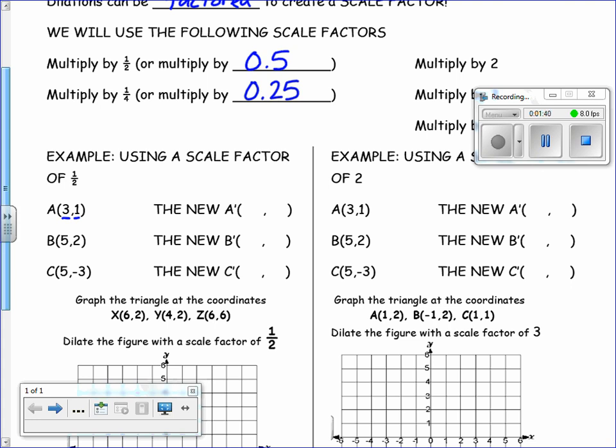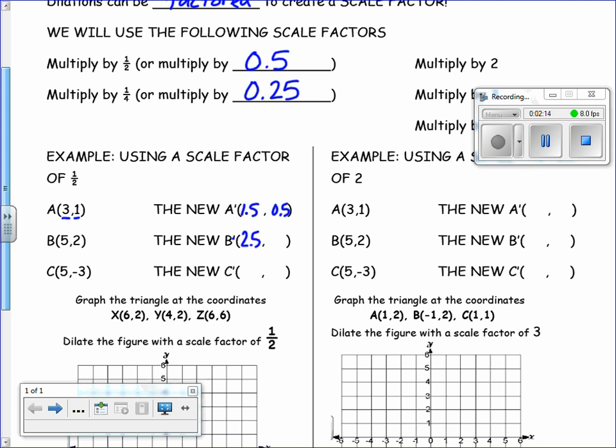So 3 times 0.5, my x would be 1.5. 1 times 1/2 would be 0.5. 5 times 1/2, I would say my new B, we call this B prime, that's a prime up there, that basically means our new point that has been created, would be 2.5.